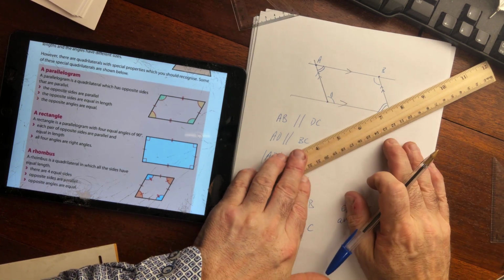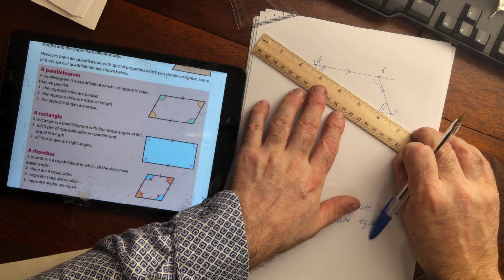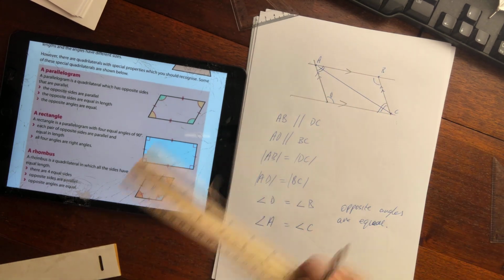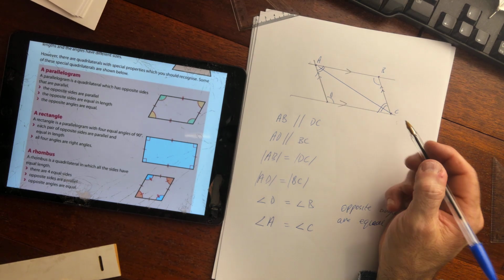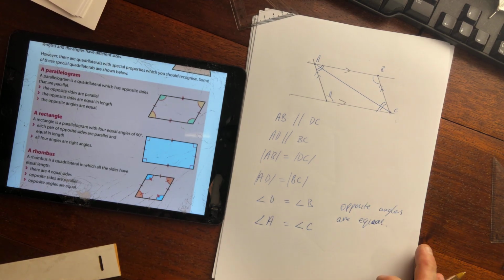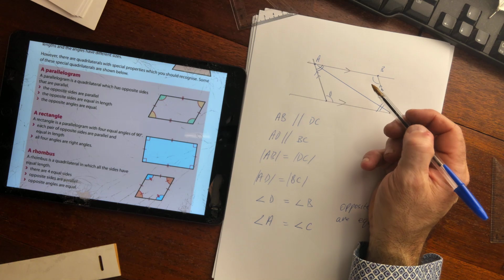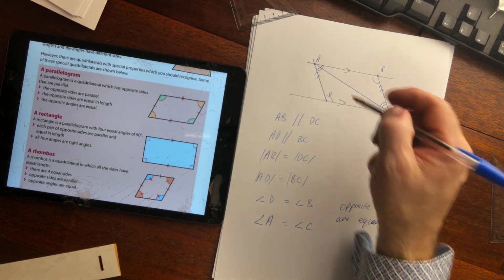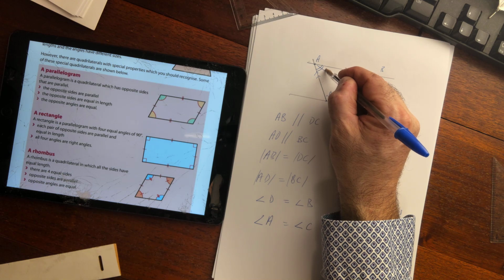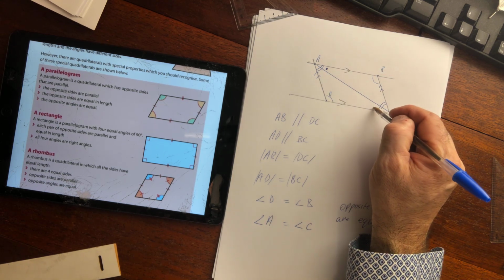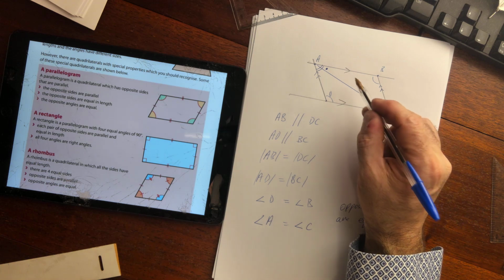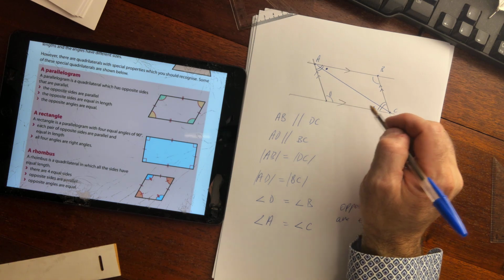Now we're going to draw in one diagonal and see what it looks like. So let's just draw in one diagonal. What does that generate? It generates diagonal angles here and here. And those diagonal angles are equal because they're alternate angles.